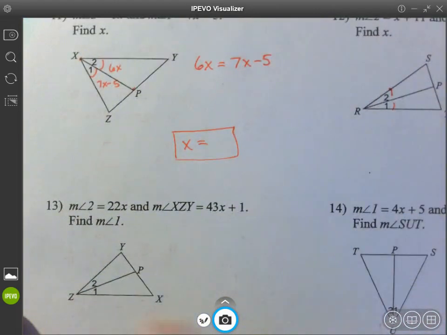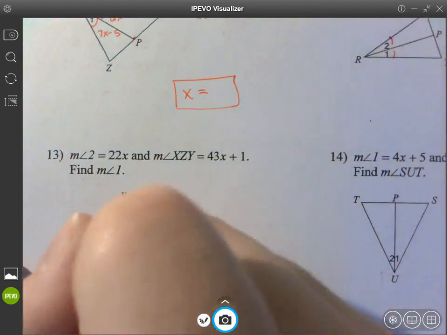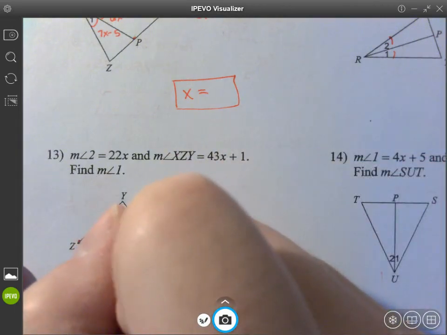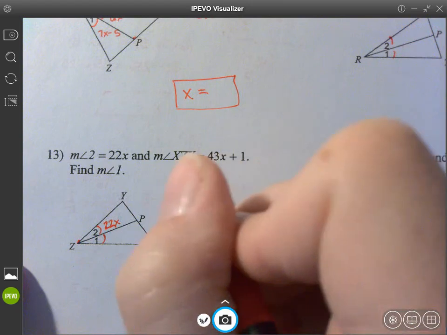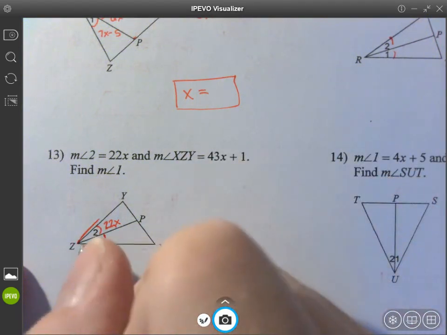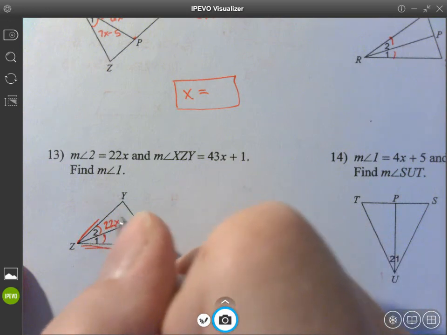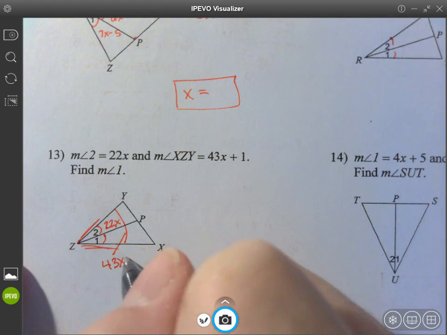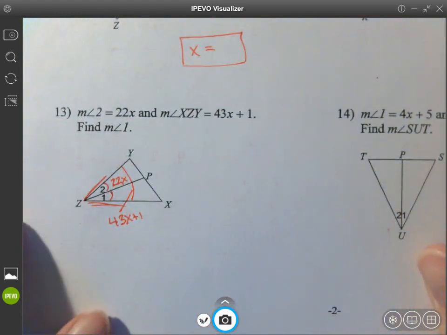I want to talk about number 13. This is my angle bisector. The measure of angle 2 is 22x, and the measure of the big angle, look, XZY, this whole angle is 43x plus 1. So what am I worried about?